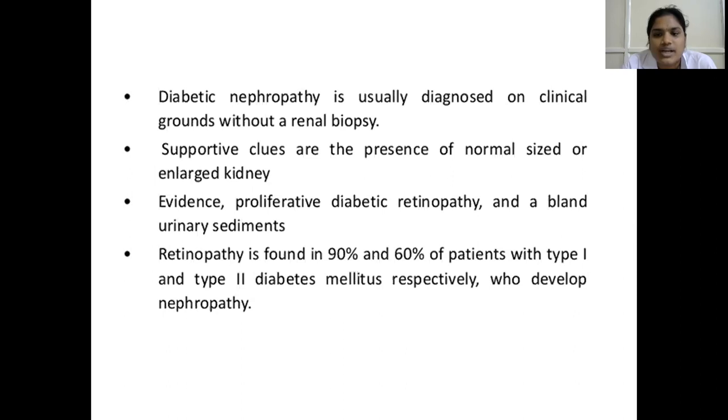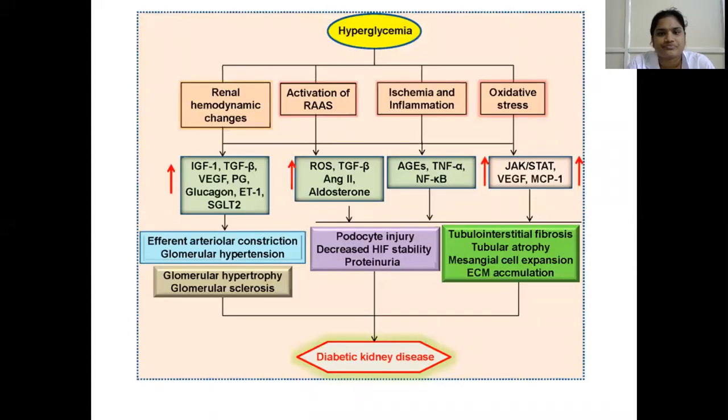Retinopathy is found in 90% of patients with type 1 diabetes and 60% in type 2 diabetes mellitus who develop nephropathy. So usually by the time nephropathy presents, retinopathy has developed, mostly in type 1 and type 2, more in type 1. So this is the pathophysiology.